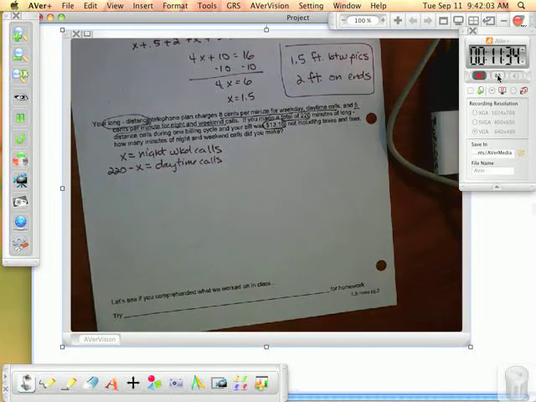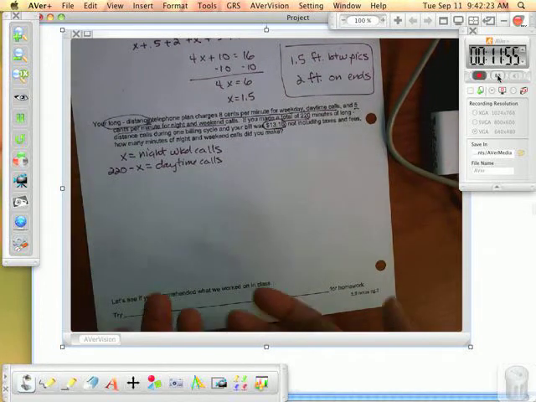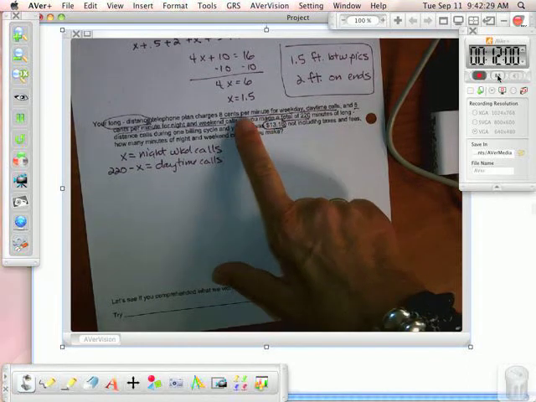Talking about money, so I need to be able to represent both of these and then bring in the money part. Is there a question there? Okay. So now I'm going to bring in the money. I know I spent a total of $13.16. I know that weekday calls are how much? Weekday daytime are how much? 8 cents.